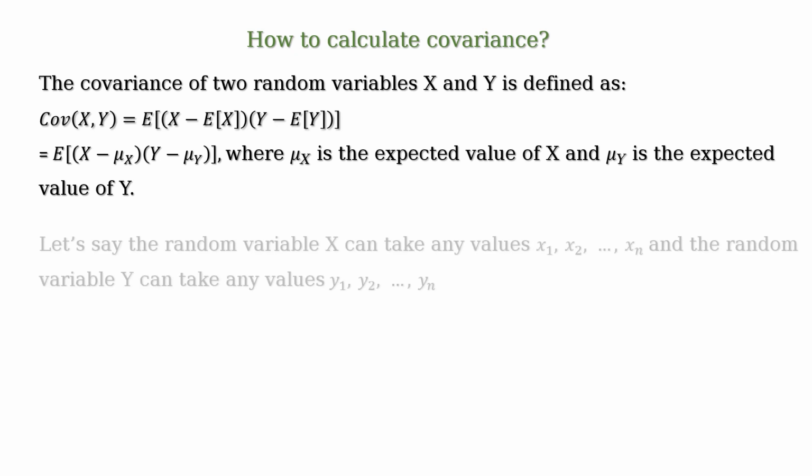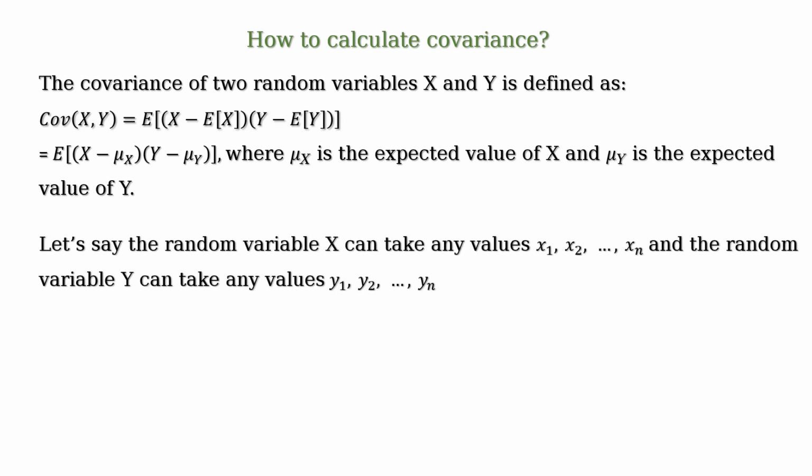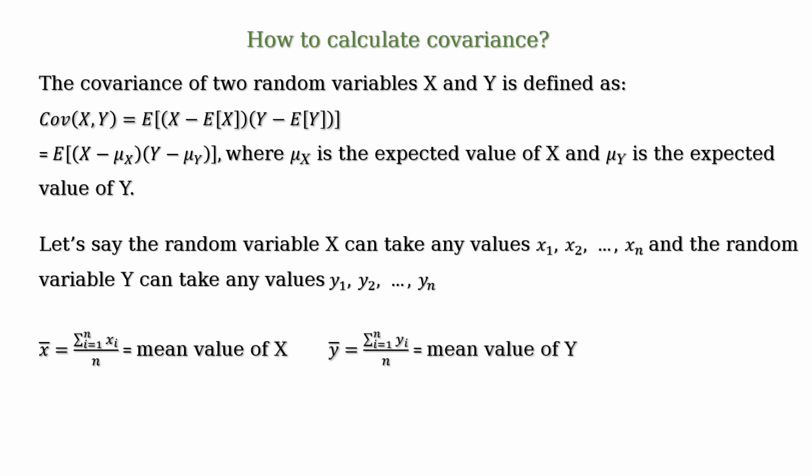Now let's say the random variable x can take any values x1, x2 to xn, and the random variable y can take any values from y1, y2 to yn. Let's also say x bar is the mean value of x and y bar is the mean value of y.